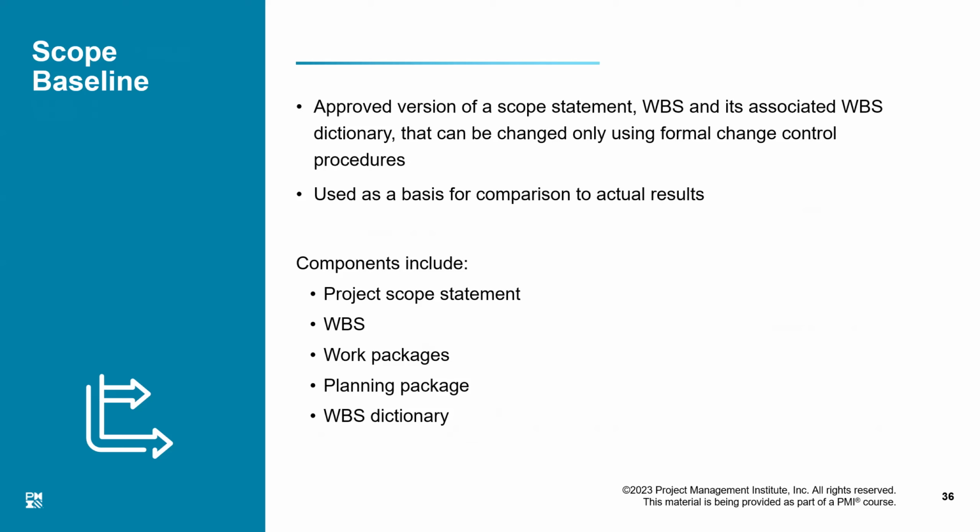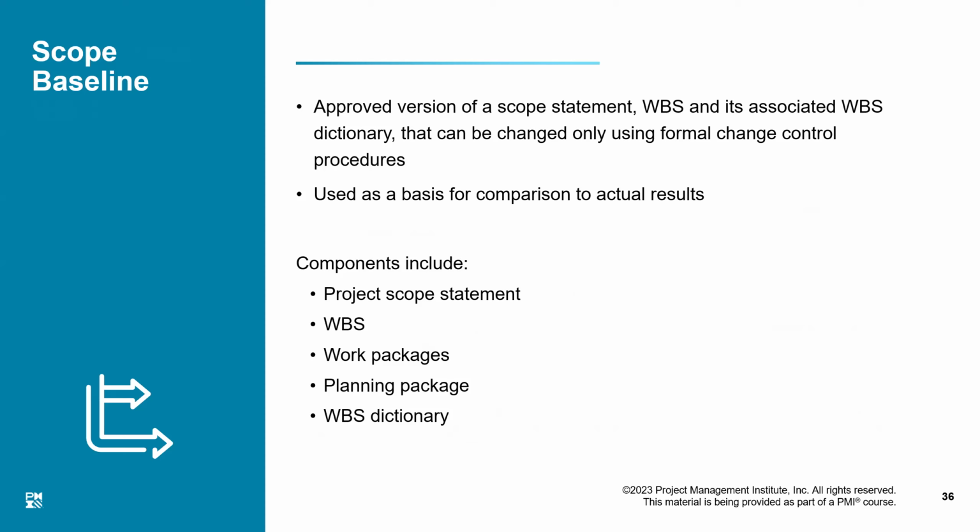We have three baselines. What are the components of the scope baseline? Naturally, it will include the complete scope statement. It will include the work breakdown structure, which is a diagram. It will include all the work packages and the planning packages and the WBS dictionary.